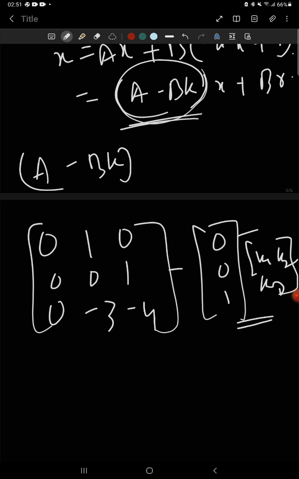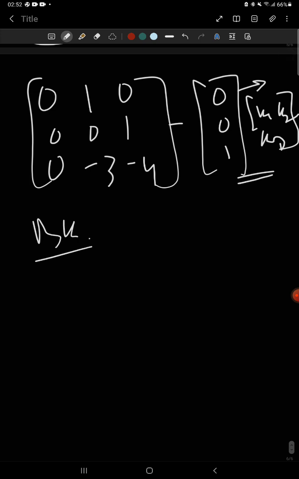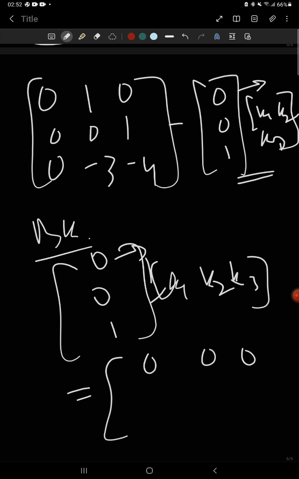So like this row will get multiplied with this. So let me do that separately. Let me just show you once by evaluating BK, because we have some space issue. First this row you will multiply with this, so all of that just becomes 0.